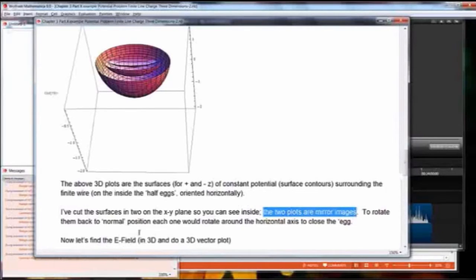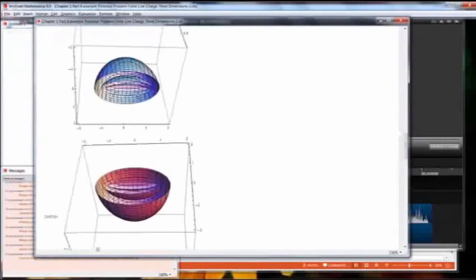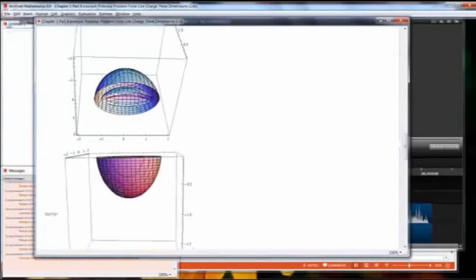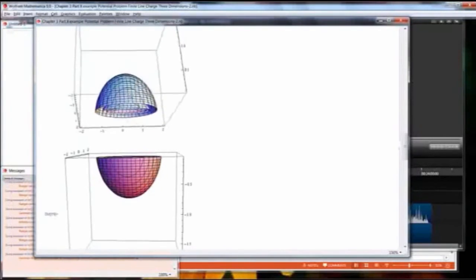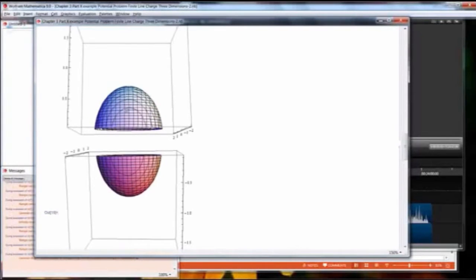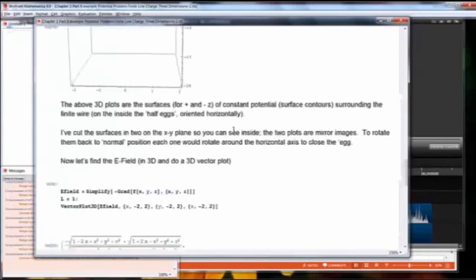To rotate them back to the normal position, we basically do this rotation like that, and this rotation like that. And I don't have these perfectly aligned, but you see the point. That would be the normal, and in order to close the egg, we just would have to move these two together.